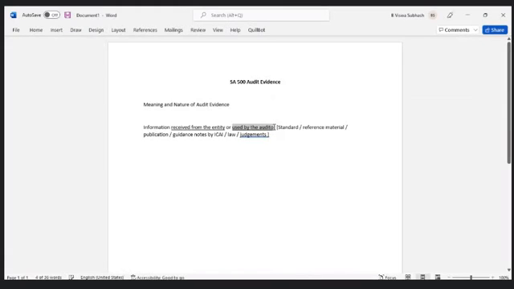Towards what purpose? Towards arriving at conclusions. There has to be some conclusion of the audit, right?